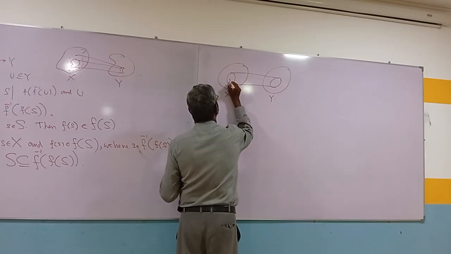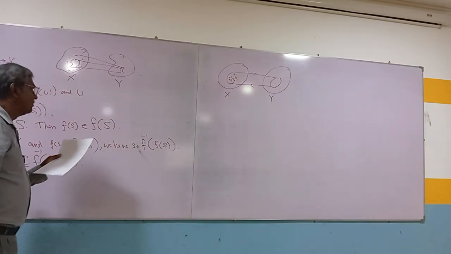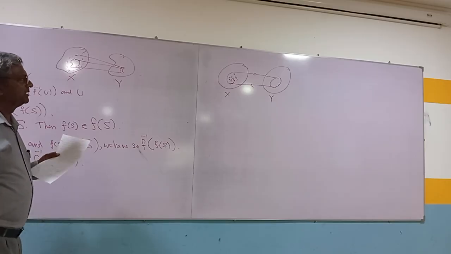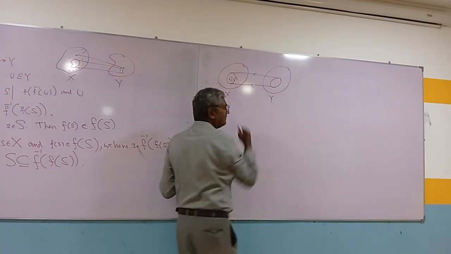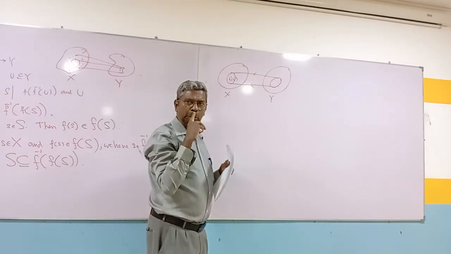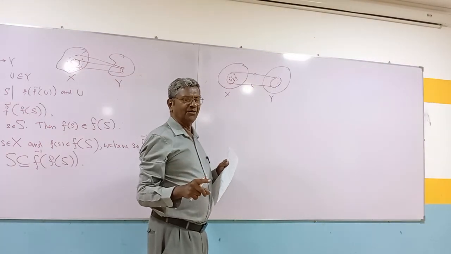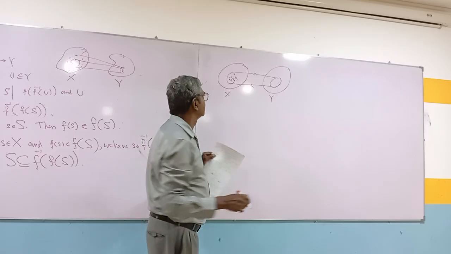This is F inverse of U. Now you go forward again. Then what will happen? You get the same thing? Is it equal to that set?